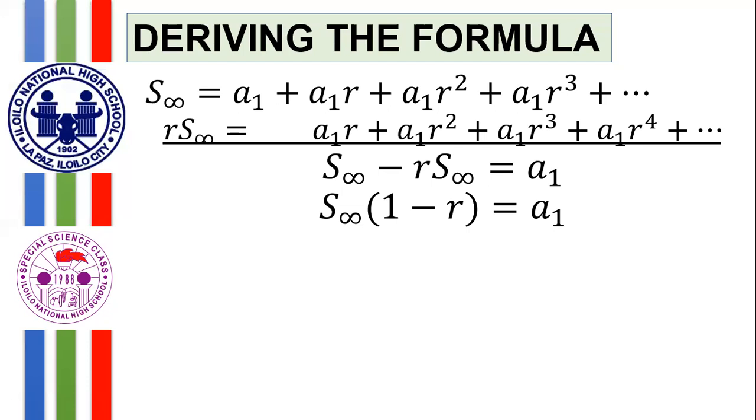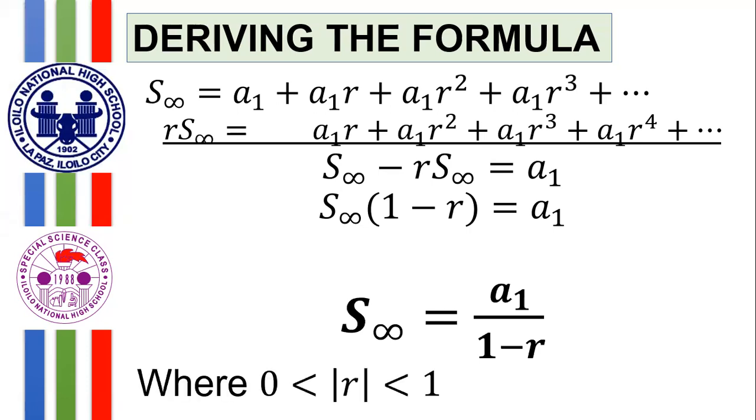Since we don't need the value of 1 minus r on the left-hand side, we divide both sides by 1 minus r, thus giving us S sub infinity equals a sub 1 all over 1 minus r, where again, I have to emphasize that the absolute value of your common ratio is between 0 and 1. So this is now the formula of the sum of the infinite number of terms of an infinite converging geometric series.